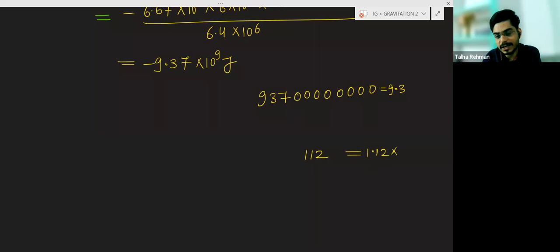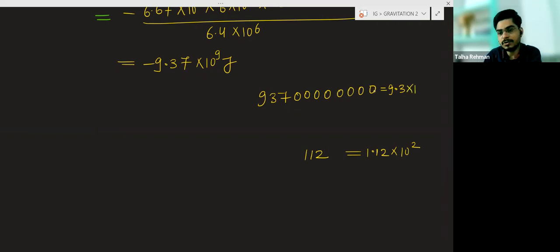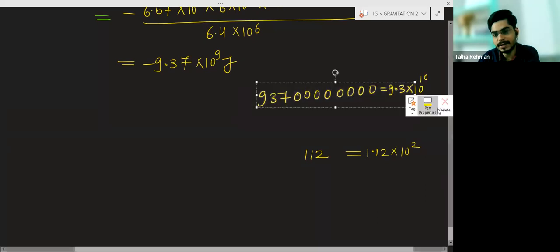Multiply by 10 to the power 2, 1.12 into 10 to the power 2. So you have to count these numbers. If you want to write 9.3, count: 1, 2, 3, 4, 5, 6, 7, 8, 9, 10. 9.3 into 10 to the power 10. Understanding now how you have to write in the scientific form?